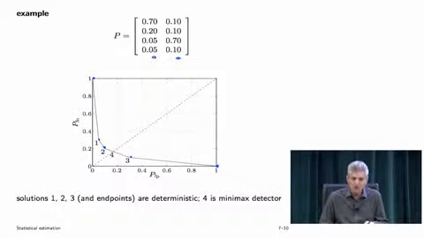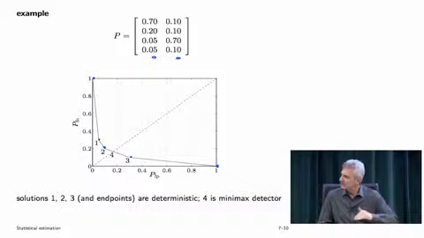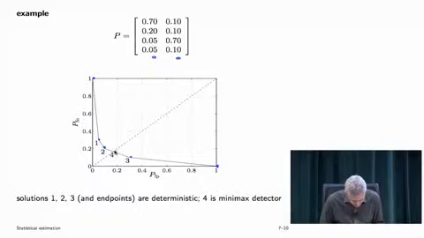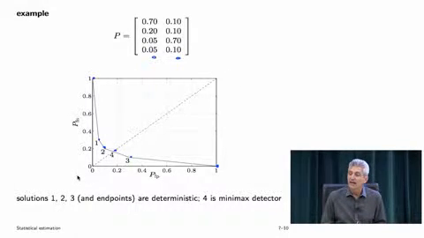By the way, this picture, I think you just flip it, top to bottom, has a name called ROC, which is receiver operating characteristic. Now the minimax one is 4. This line here is the line of equal error, false positive and false negative, and it's right here. So that's the idea.